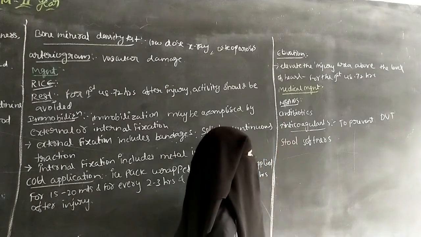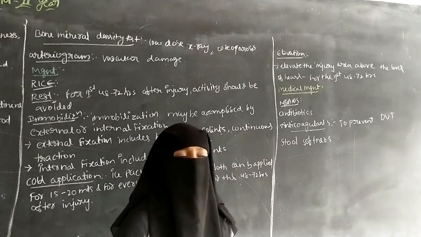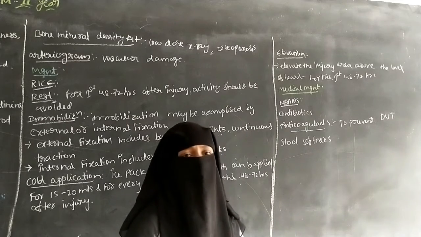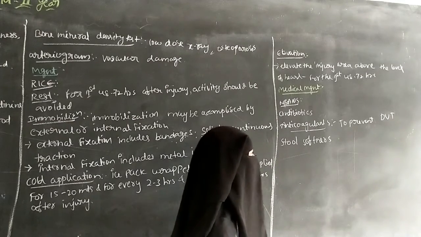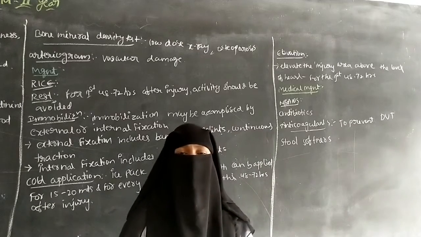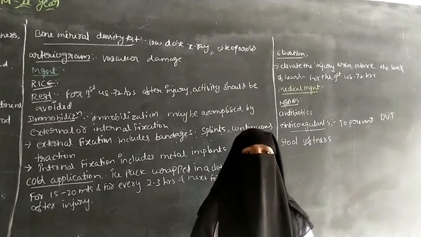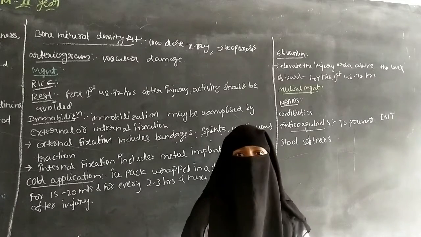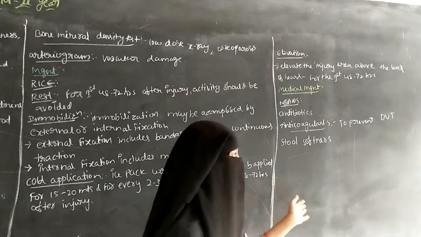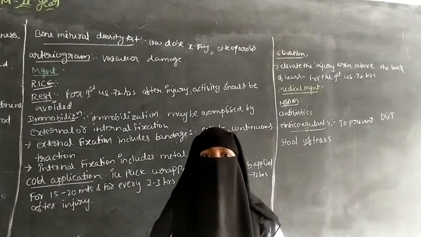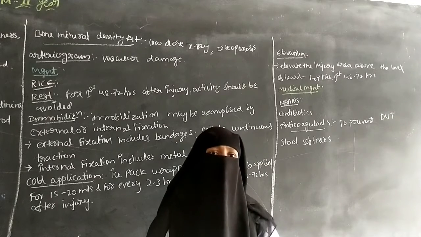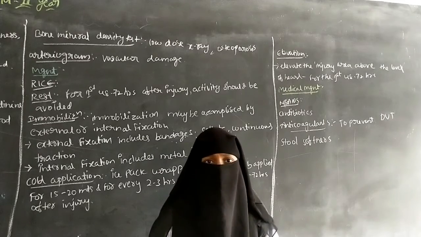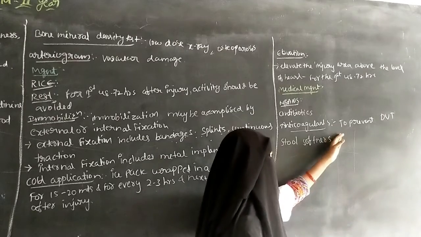Next one is anticoagulants, to prevent deep vein thrombosis. Deep vein thrombosis means a thrombus, a blood clot, is formed in the deep veins, mostly in the lower legs.